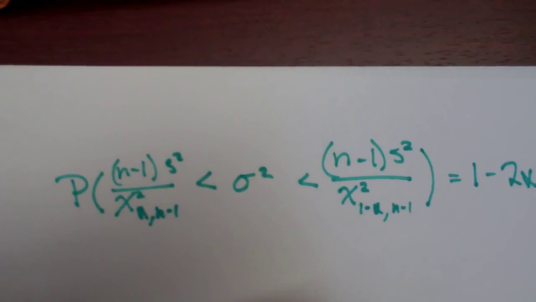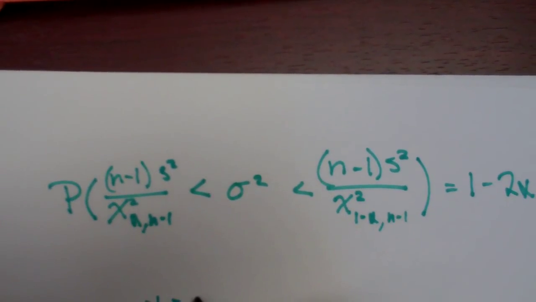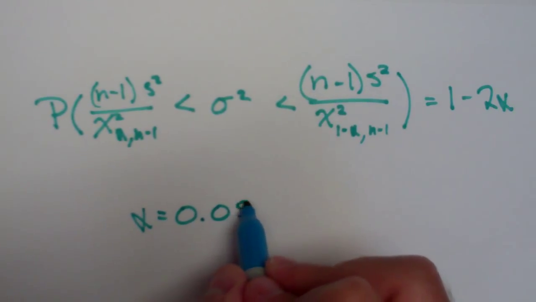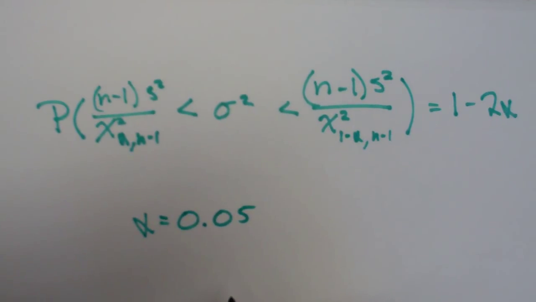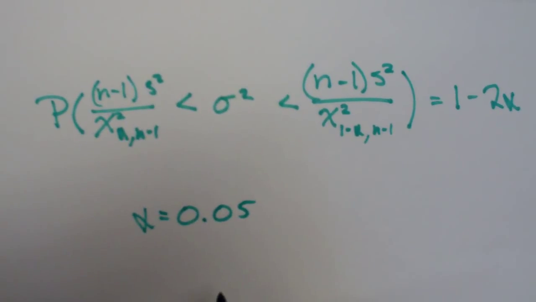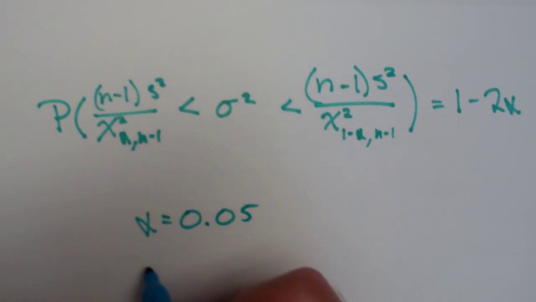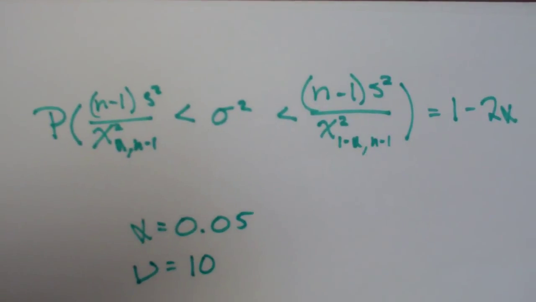Now if we look at our table to give us the chi-squared values, say we have an alpha of 0.05, this would lead to a confidence interval of 90%. I have 5% below and 5% above. And let's say my degrees of freedom are 10.